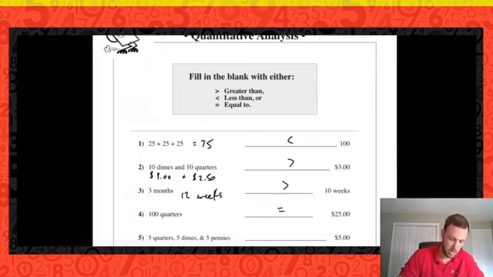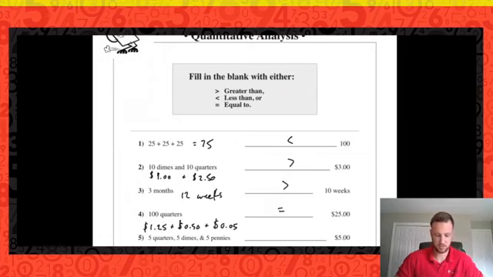Yep, very good. 4 quarters is $1, so 5 quarters is $1.25. 5 dimes is 50 cents, and 5 pennies is 5 cents. Does it even get close to $5? No, it does not. Which means that $5 is greater than that.